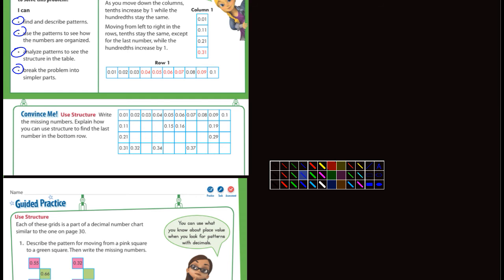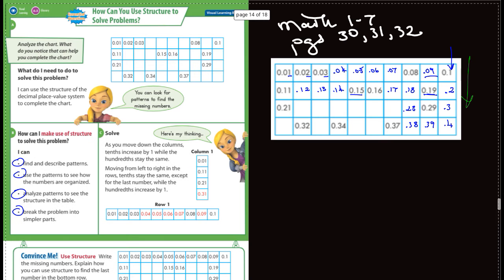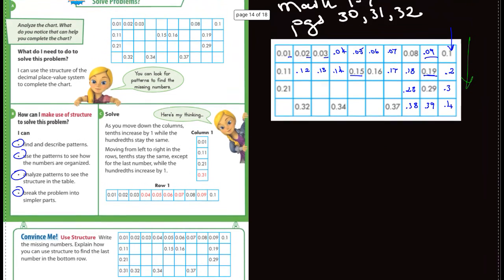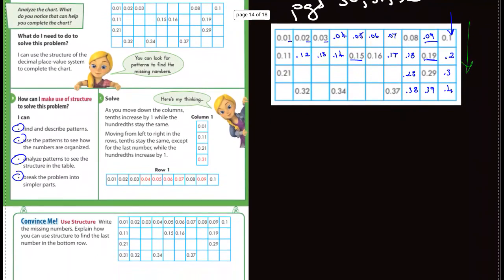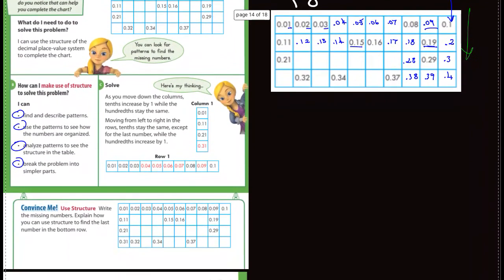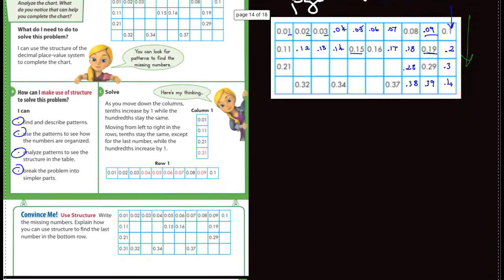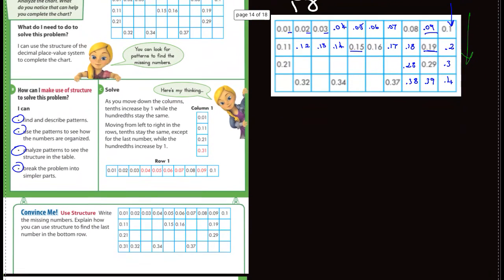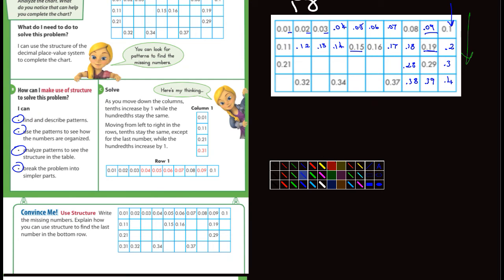All right, let's see here. Use structure to write the missing numbers. Is that the same one up above? Yes, I think so. It is pretty much the same one. So if you finish filling this out in your book, this one right here, it's pretty much the same thing as right here. Okay. And then it says explain how, the bottom here, let me make some room here.